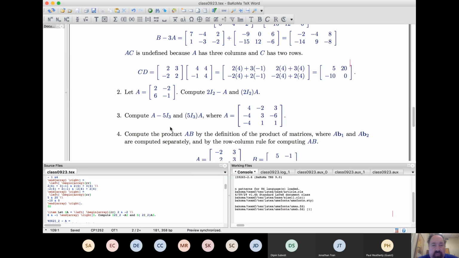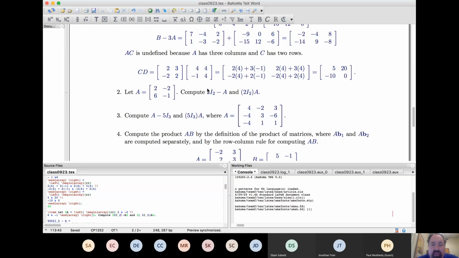Now, these next problems don't deal with matrix multiplication, but scalar multiplication involving matrices, and also addition and subtraction. And here we have a matrix that I've showed you once before, the identity matrix.